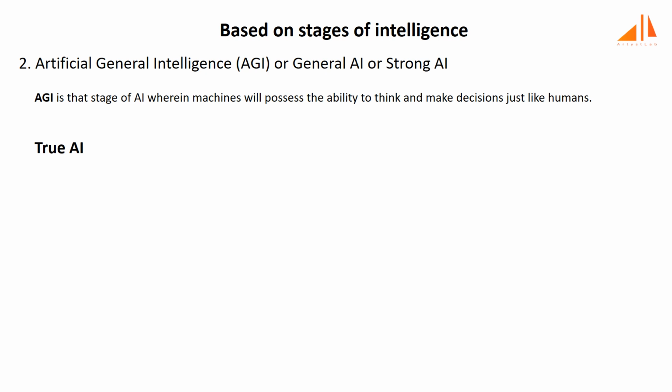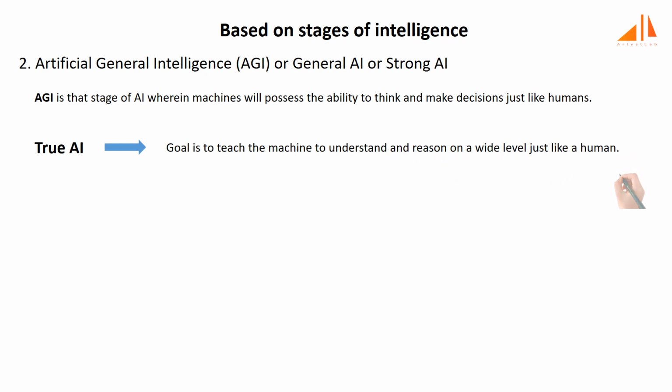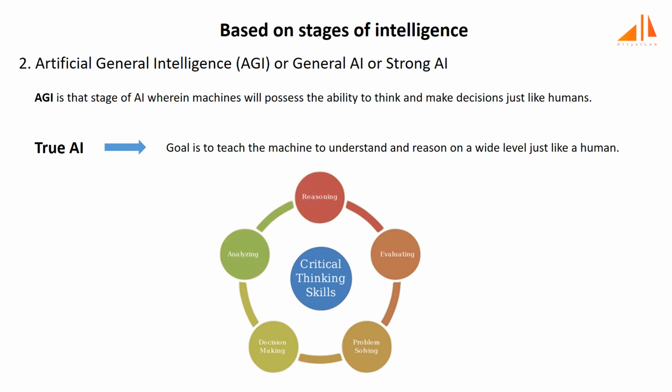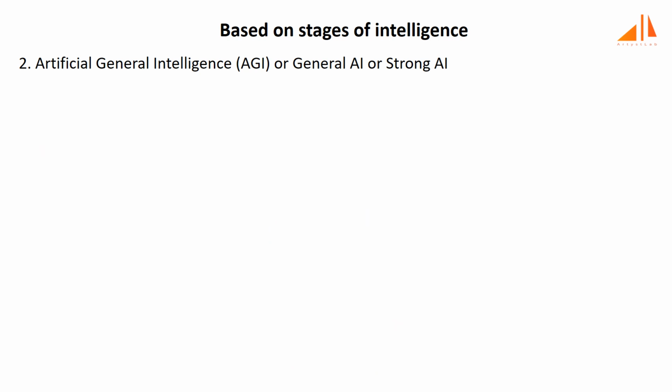Rather than focusing on a single task, the goal is to teach the machine to understand and reason on a wide level just like a human. AGI is expected to have critical thinking skills, like being able to reason, solve problems, make judgments, plan, learn and integrate prior knowledge in decision making, and be innovative, imaginative and creative.